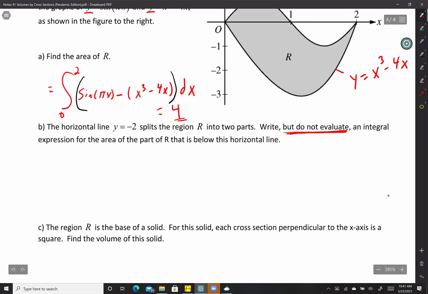Okay, graph that line, y equals -2. It would look like this. They want this region here. What do I need to solve for this?